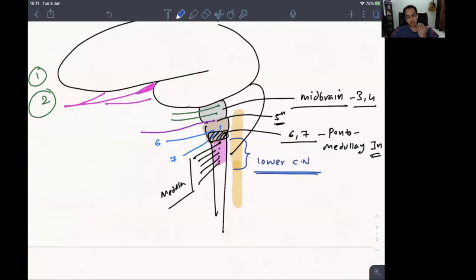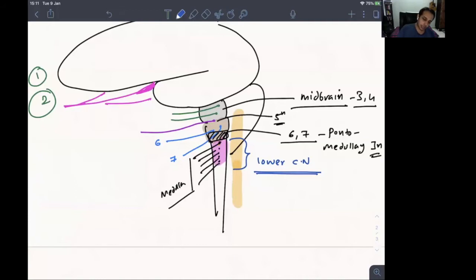So if there is a patient who comes with involvement of your lower cranial nerves, that is from seventh downwards, so facial, then you have your vagus, your glossopharyngeal, your hypoglossal, then that is a lower cranial nerve pathology. So you can think that it could be a medullary lesion.